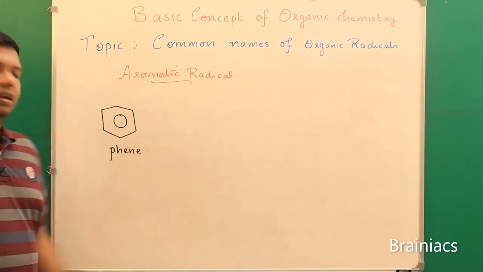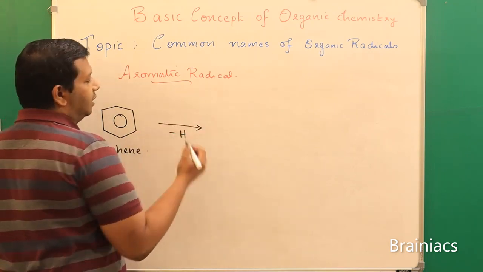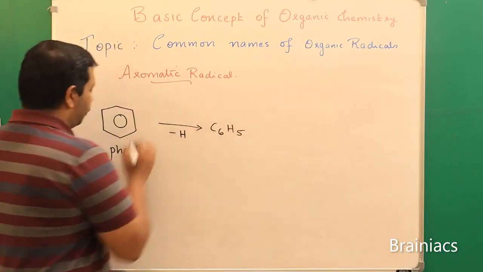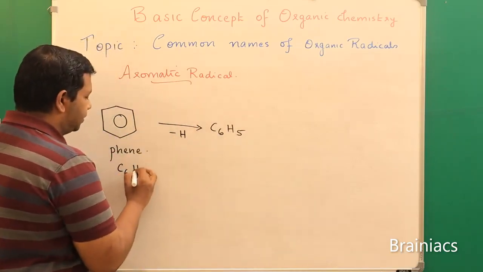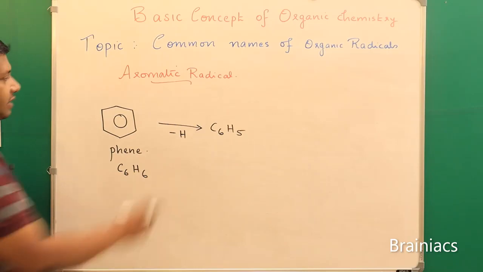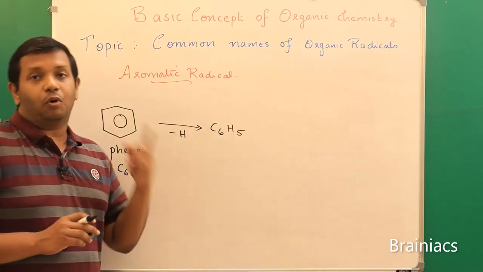Now listen. From benzene I am replacing 1 hydrogen. The formula of benzene is C6H6, correct? If I replace 1 hydrogen, it will become C6H5. If 1 hydrogen is replaced, it is a monovalent radical.